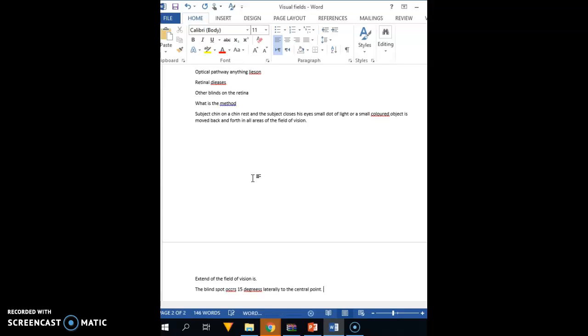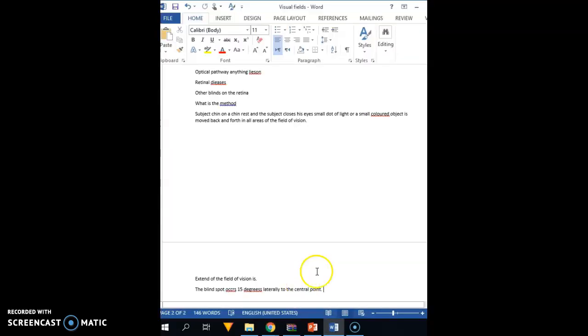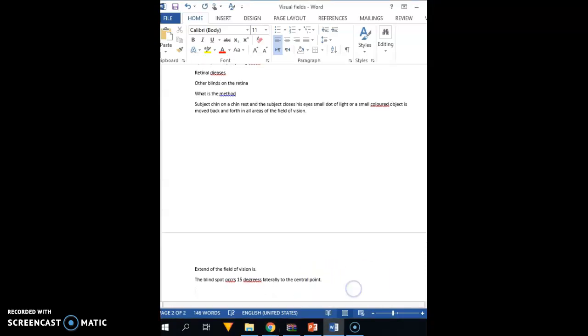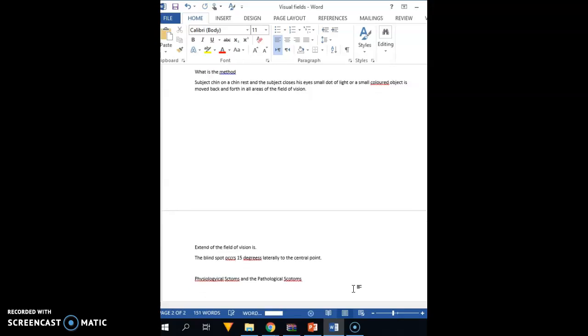I want to talk to you guys a bit more about the physiological scotomas and the pathological scotomas. What are the differences between these two?